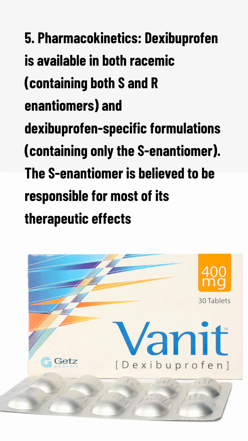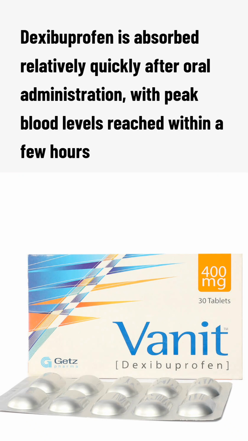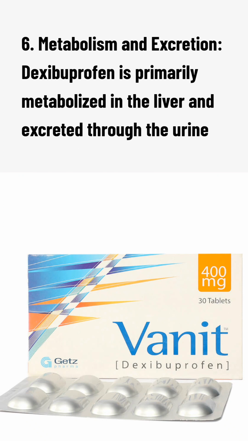The S enantiomer is believed to be responsible for most of its therapeutic effects. Dexibuprofen is absorbed relatively quickly after oral administration, with peak blood levels reached within a few hours. 6. Metabolism and excretion. Dexibuprofen is primarily metabolized in the liver and excreted through the urine.